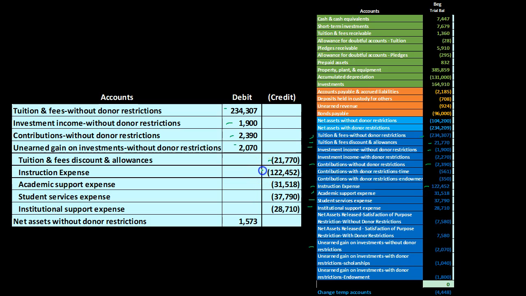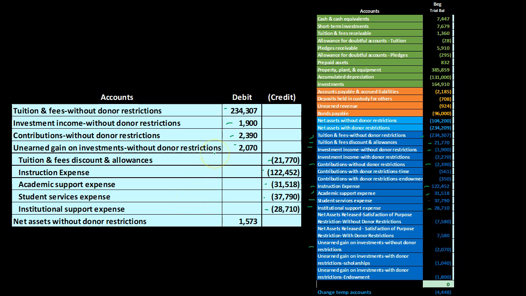We're going to credit it to make it go to zero. We then have the academic support expense, which has a debit balance. We're going to credit it to make it go down to zero. We've got the student services expense, debit balance. We're going to credit it to make it go down to zero. We've got the institutional support expense, debit balance. We're going to credit it to make it go to zero.